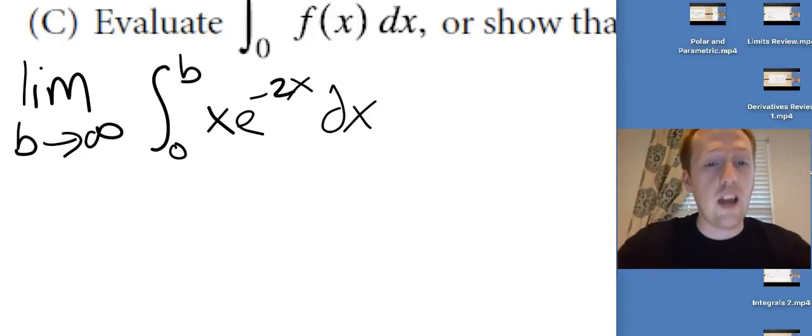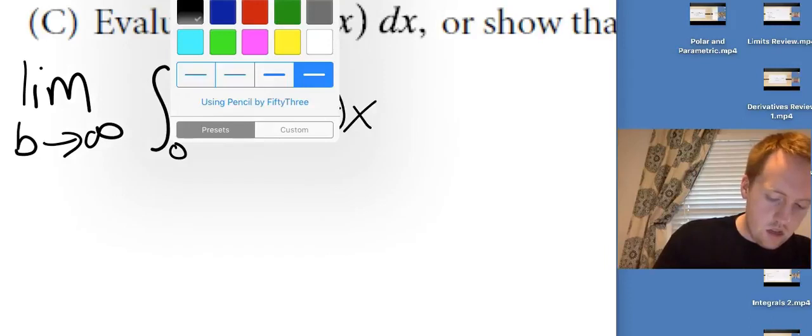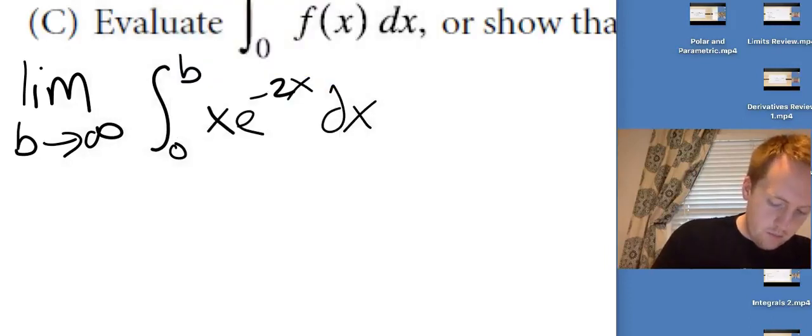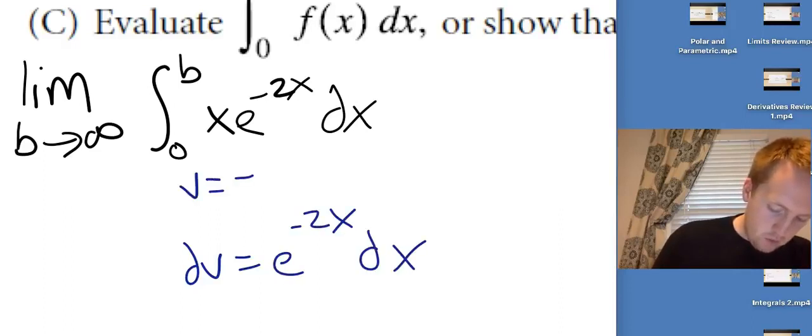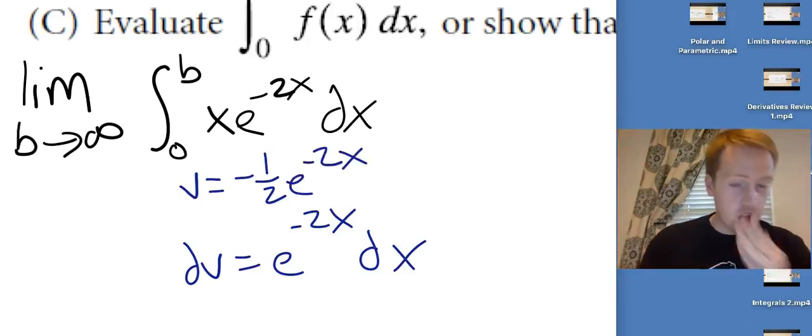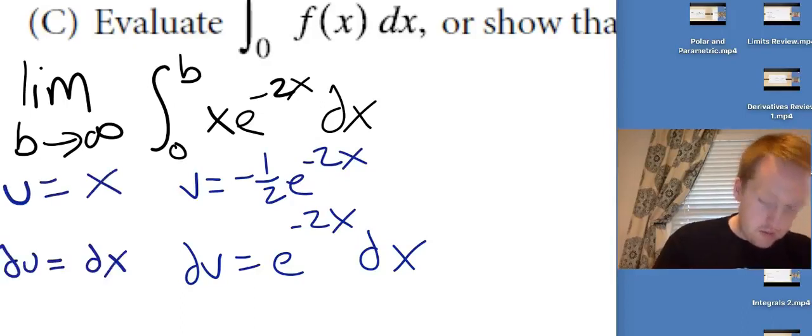Now this integral I'm going to have to use integration by parts. I'm going to let dv be e to the negative 2x dx, which makes v negative 1/2 e to the negative 2x. Just did a quick integration. And then u is going to be x, so du is going to be dx.